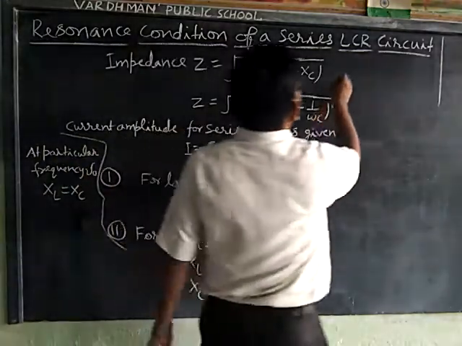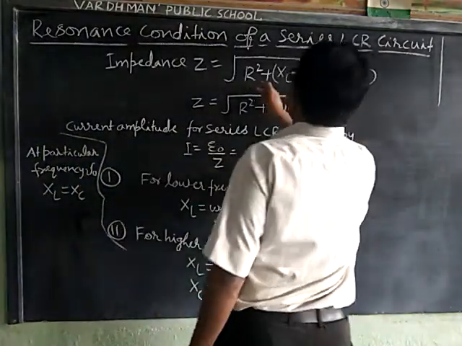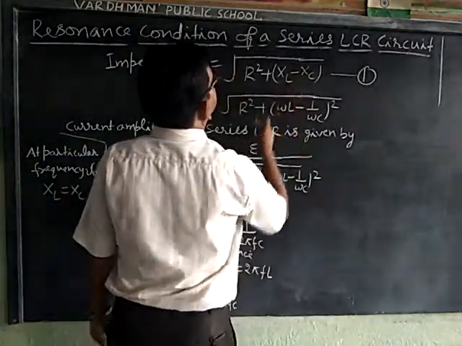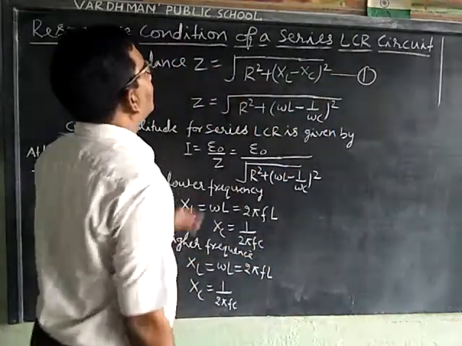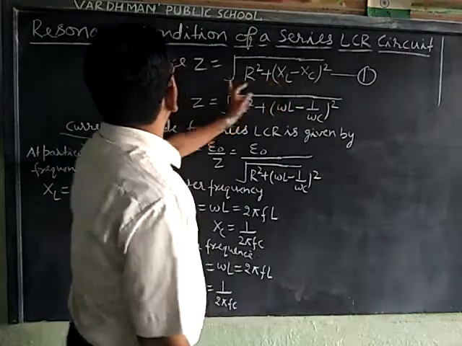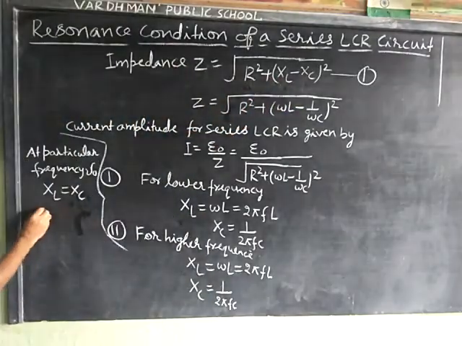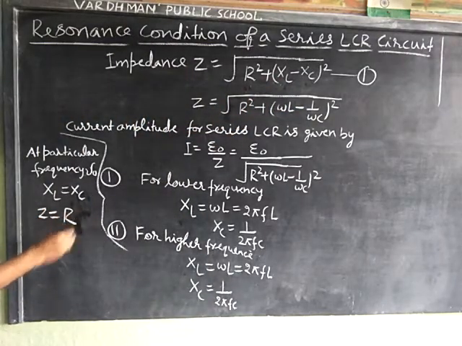Then the second term in the equation becomes 0. Since XL is equal to XC, therefore Z is equal to R.